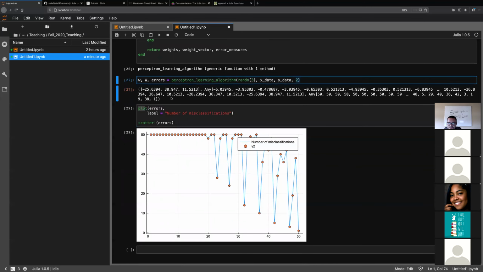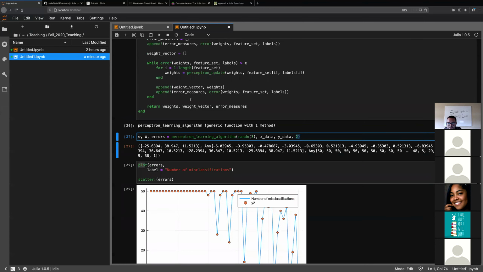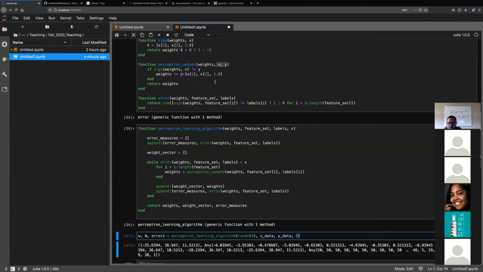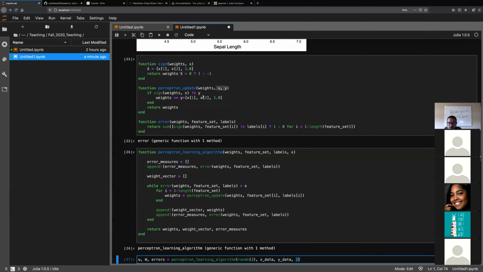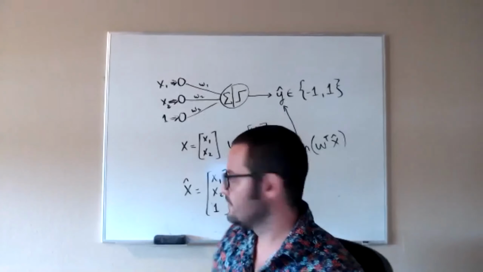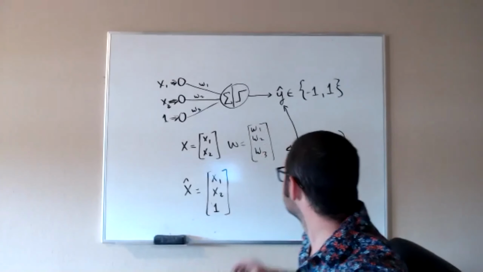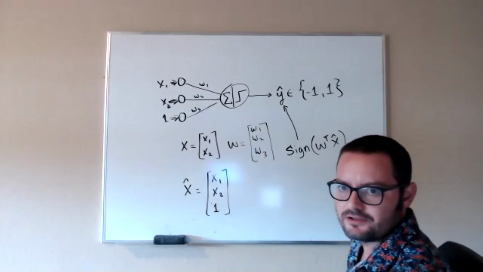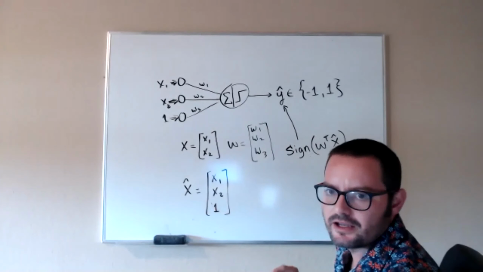So now let's think about what happened. If we look back up to right here, what are we doing when we look at this linear product? I'm gonna pull my screen back up. So we're looking at the sign of W transpose X hat, right?